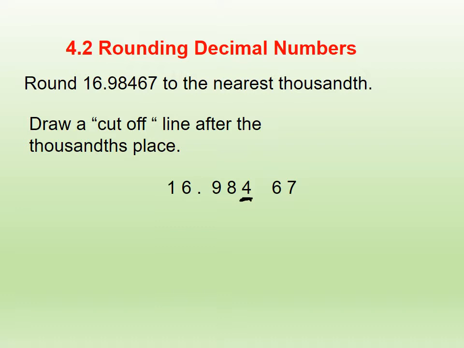But now when we're dealing with decimals, not only are you gonna underline the place value, but you wanna picture in your mind a pair of scissors that is gonna cut right after that place value. Like this. Okay? Once you find your place value, your imaginary scissors are gonna come and cut it.